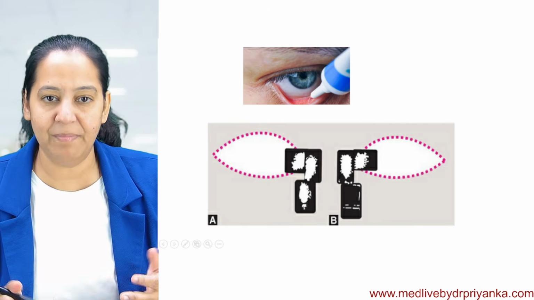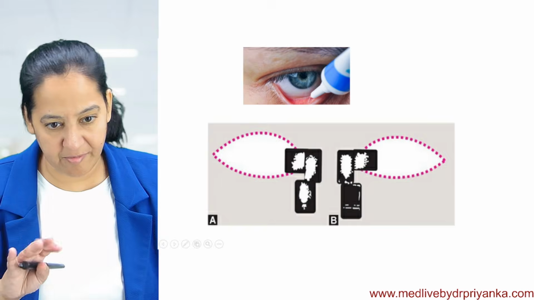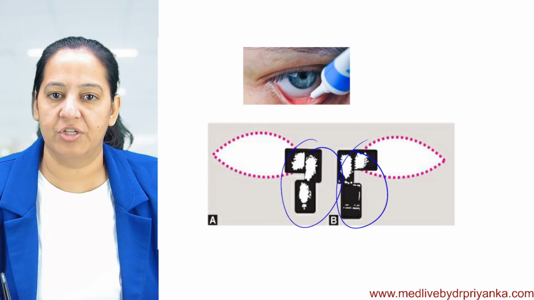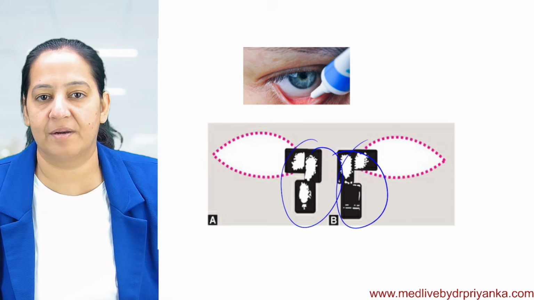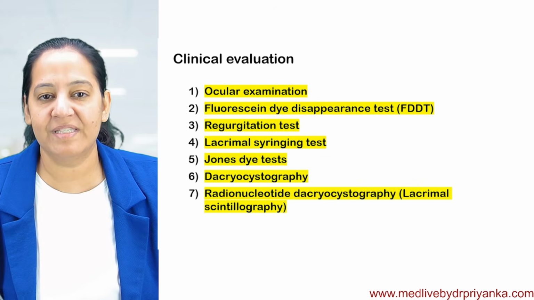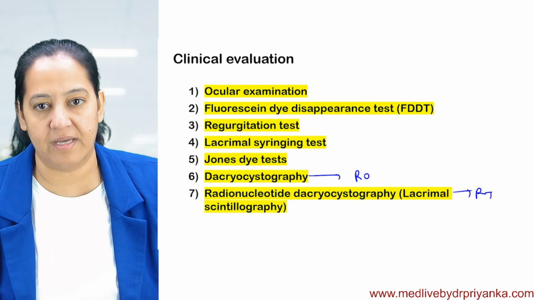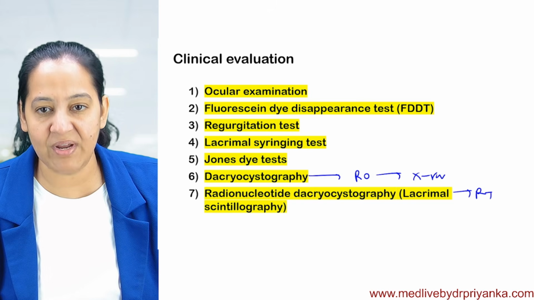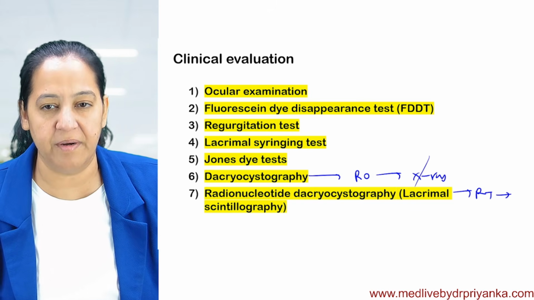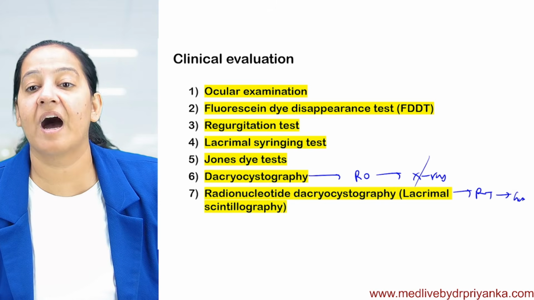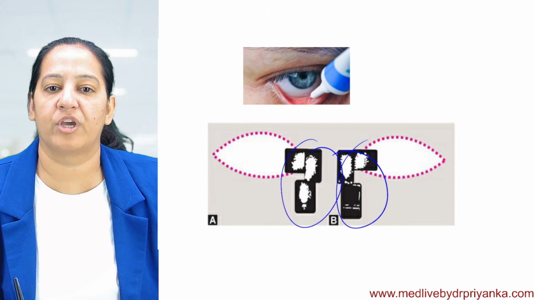So the principle is the same. We use a gamma camera after 5 minutes and 30 minutes to see the passage of the radioactive tracer. So basically in dacryocystography, we are putting a radio opaque material and taking X-ray. Here we are putting a radio tracer and using a gamma camera after 5 minutes and 30 minutes to see the exact location of the obstruction.